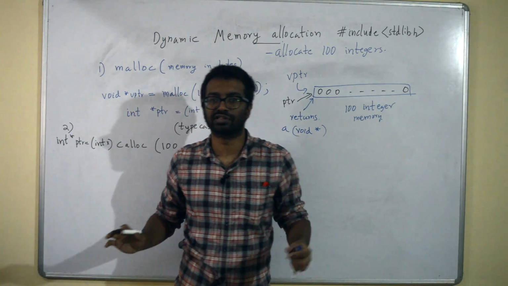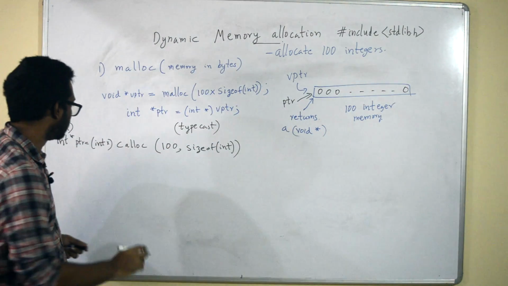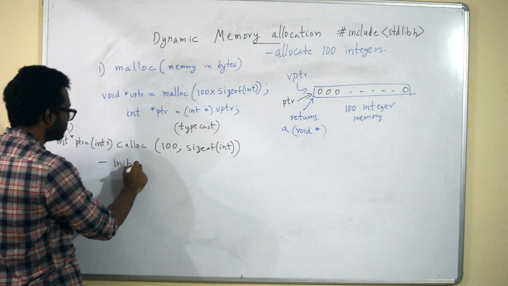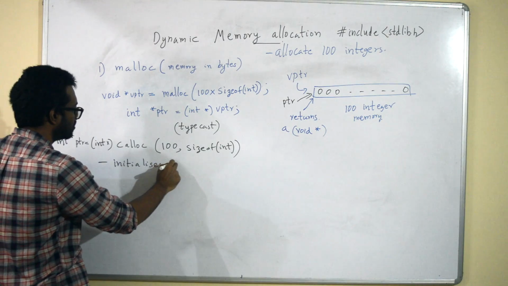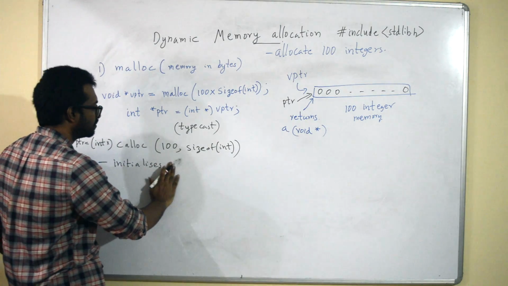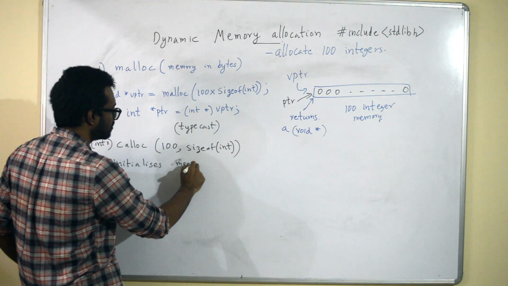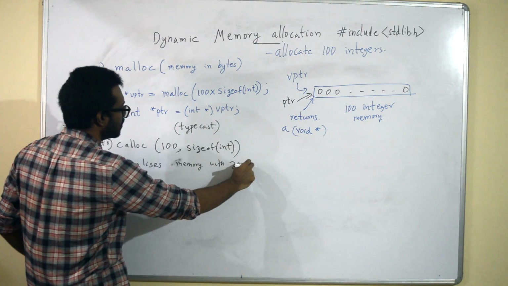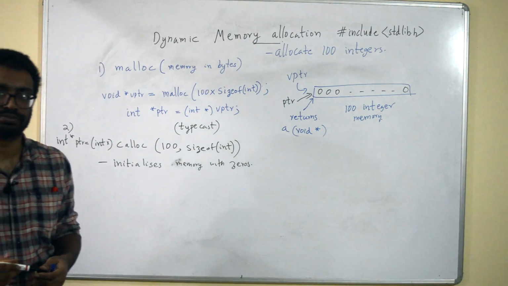So this is all filled with zeros. It's initialized with 0. That's what calloc does. So it initializes memory with zeros.